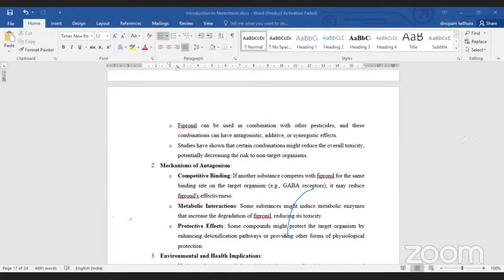First, the pro-insecticide will go and bind to the receptor. Once it targets the organism, the activation of this pro-insecticide occurs by enzymatic actions or by hydrolysis.